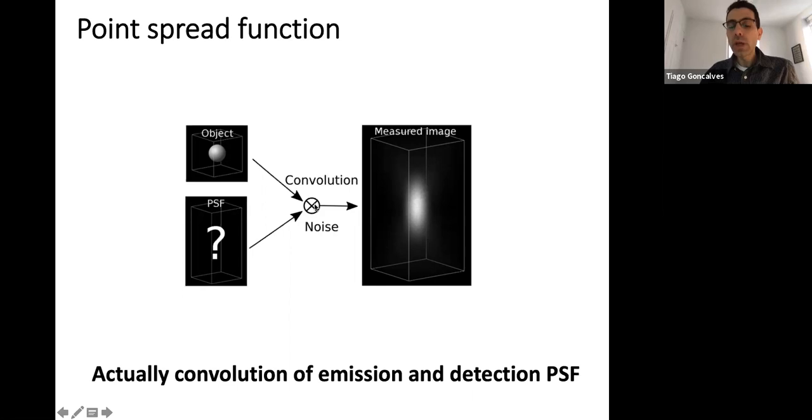So a diffraction limited point does not translate as a perfect sphere. You have more of a blob that is elongated along the z.